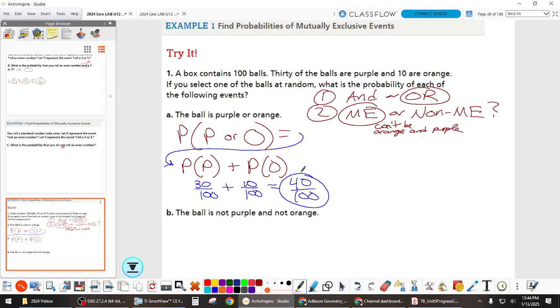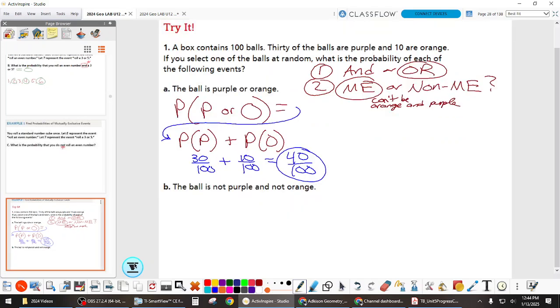Same kind of question, it's just putting a not in the front of it. So, probability the ball is not purple. Well, this gets a little bit complicated because not purple means that it could be orange, but any other color as well. Do you agree? And same with not orange means it could be purple and any other color.